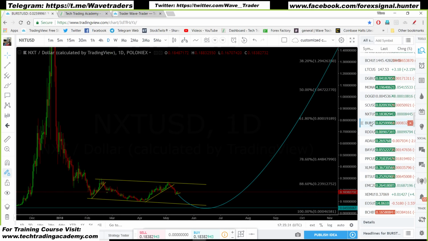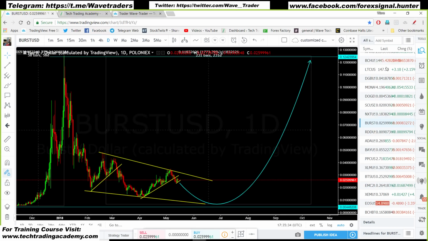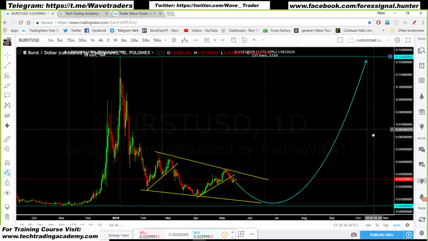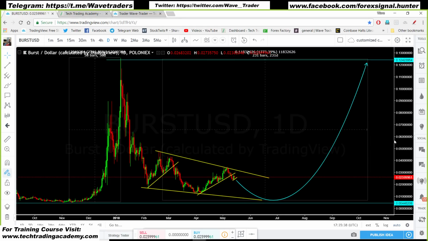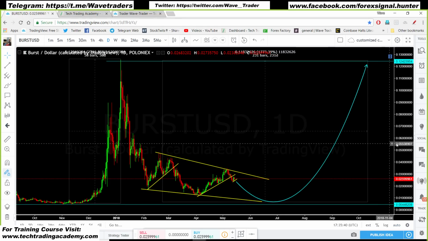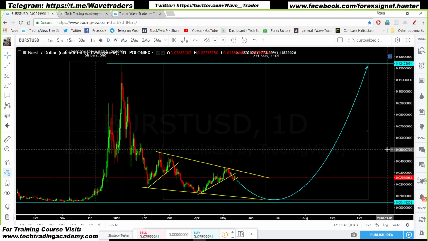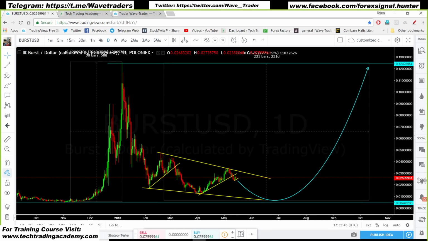The problem with these coins is that when they move, they move very aggressively. Otherwise, we see them stay silent. But definitely they're going to move for upside, because they are already at the bottom. So you're going to see them go back up.